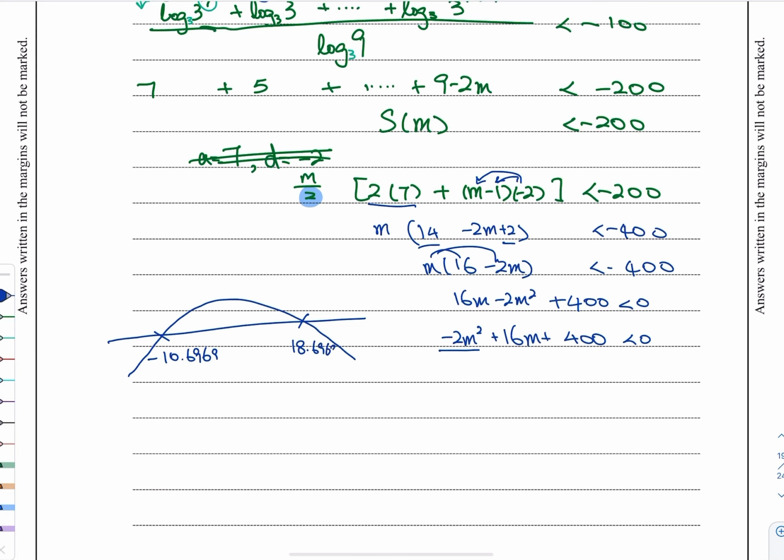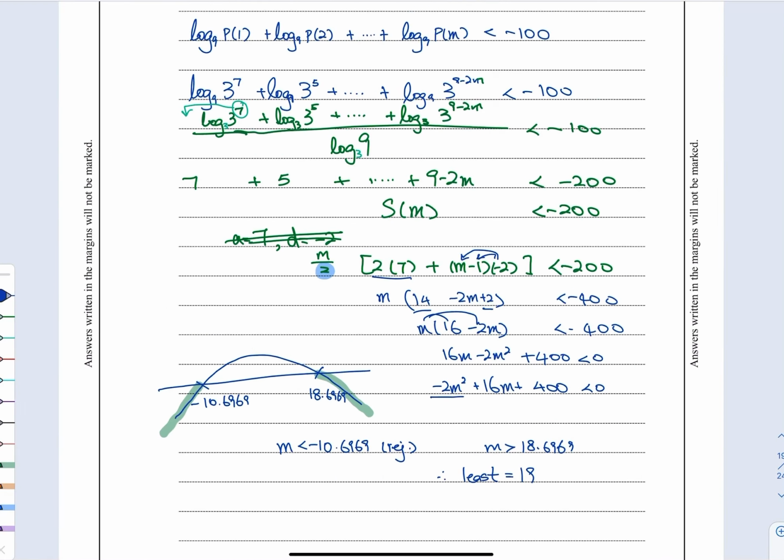I can't think of the final answer by hand. And then you need it to be less than 0. So these 2 lines are going those ways. When you draw the happy and unhappy face, don't draw it very vertical or horizontal. Draw it a little fatter, so that you can easily know where the signs are going. So m is less than negative 10.6969. That is rejected, of course. Then m is greater than 18.6969. So then what's your least value?